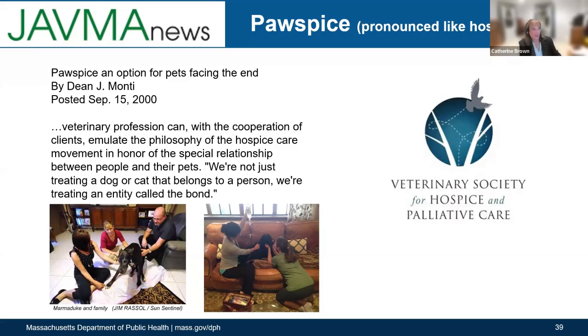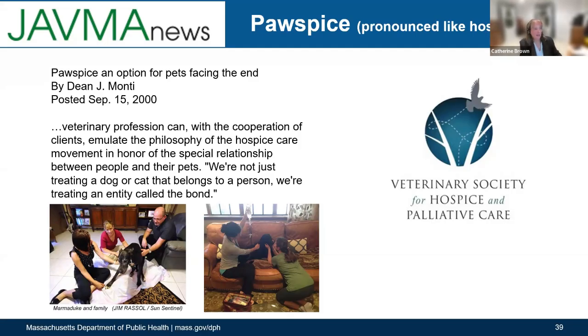And then my last example of things going wrong is one that if you're a pet owner, you may be able to understand, but there is a developed specialty in veterinary medicine, which is palliative care, right? Essentially hospice for animals. It's called hospice.